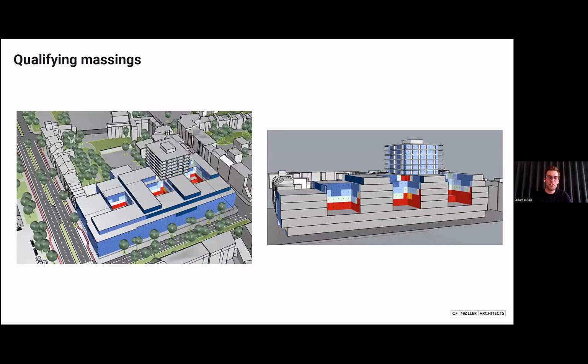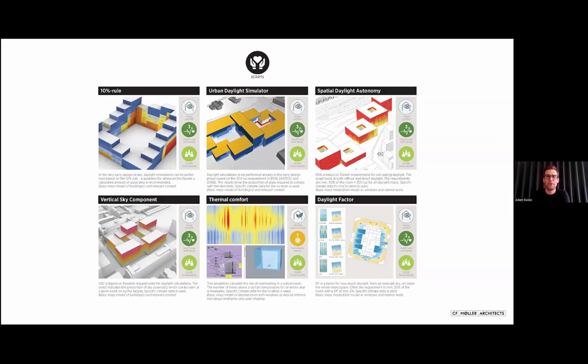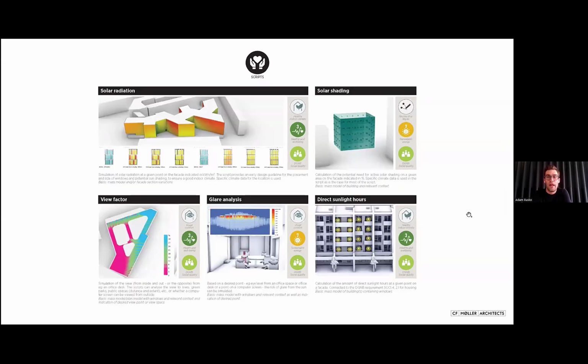So, for instance, in here you can see that we've been checking the amount of sunlight going into each room of that building, and we have a bunch of scripts that are super useful. And the ones that we're using the most would be the daylight simulator that you just saw on the screen before. We do the daylight factor, which is also something very important in some of the competitions, mainly in Europe.